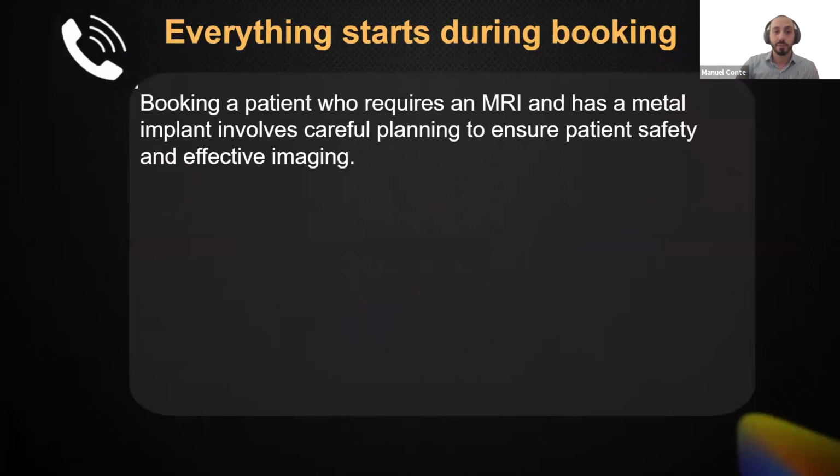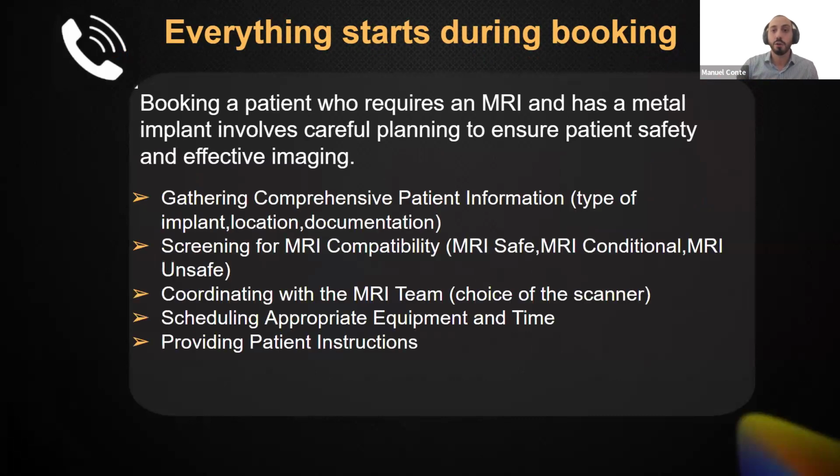So everything starts from booking. I don't know if all of you have a booking team. For example, in my clinic at Alliance, we have a booking team, and it's very important that the booking team speaks with the patient so that, for safety reasons, we know about the metal implant before the appointment.